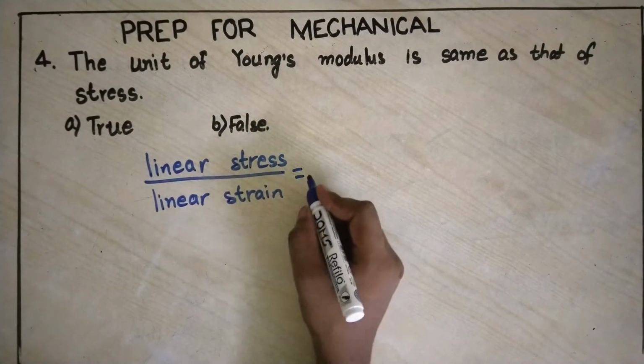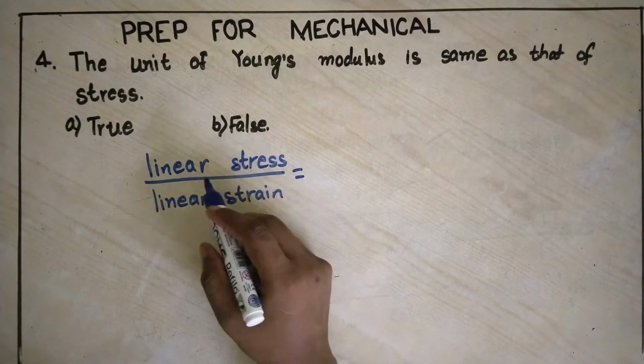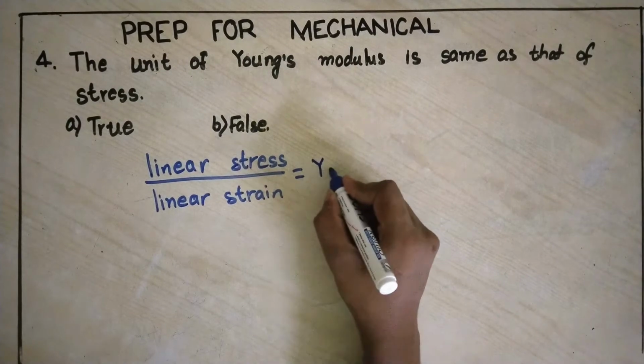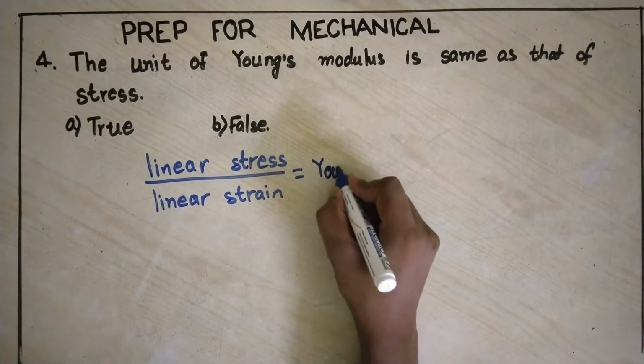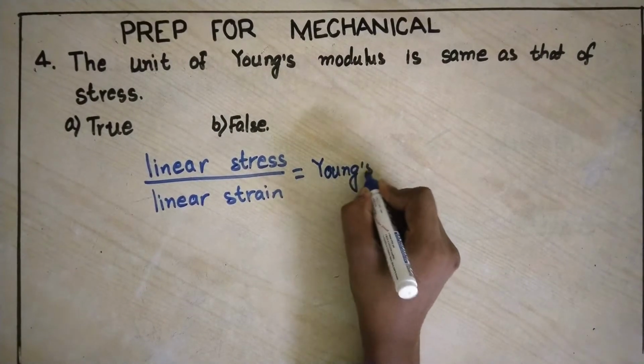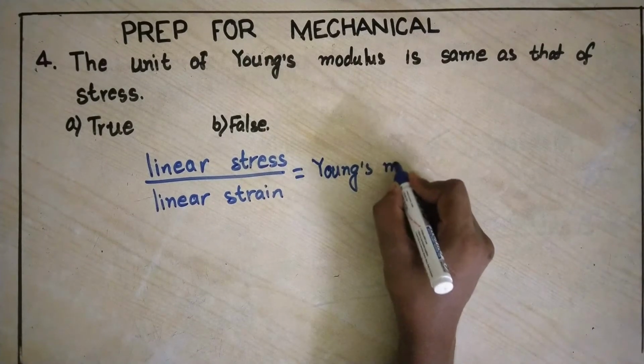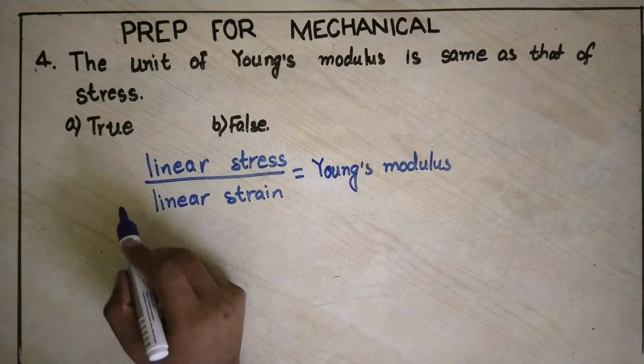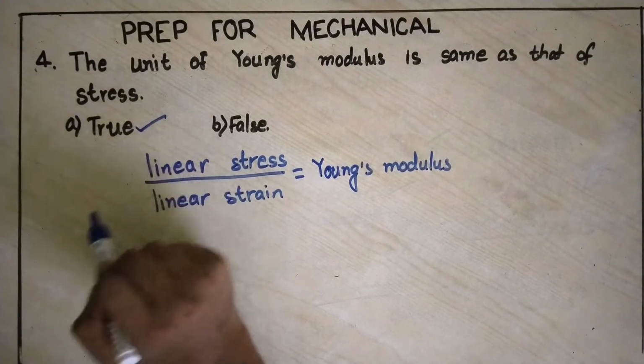As linear strain has no unit, the unit of Young's modulus will be the same as that of linear stress. So the statement is correct.